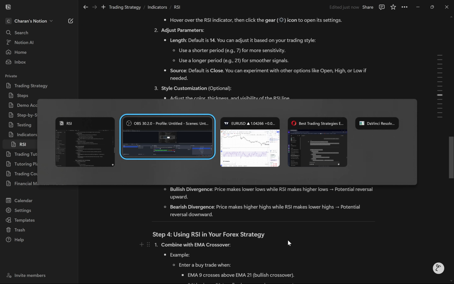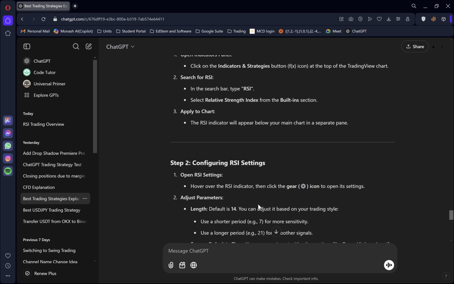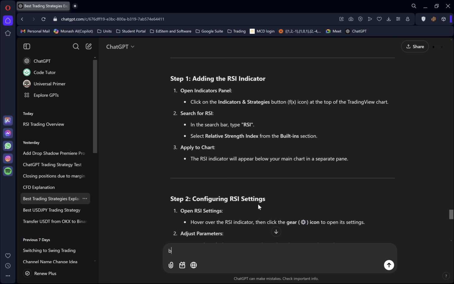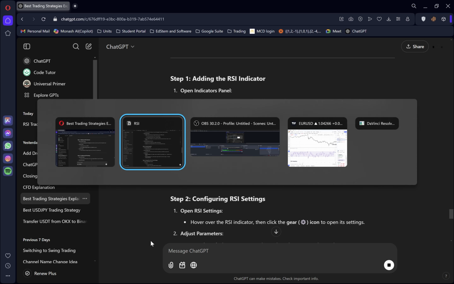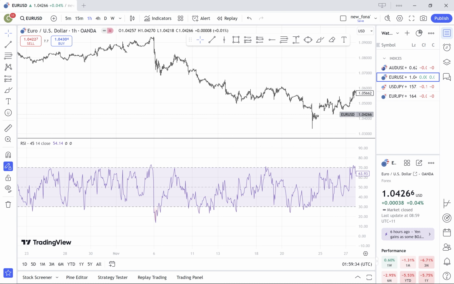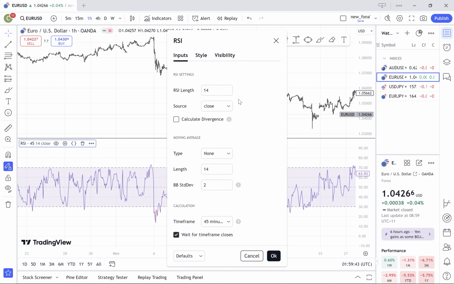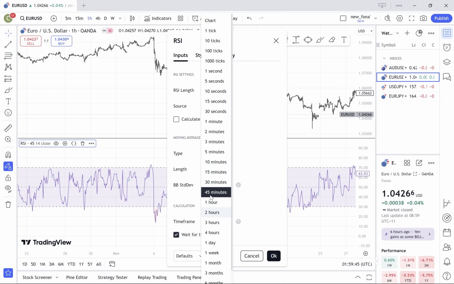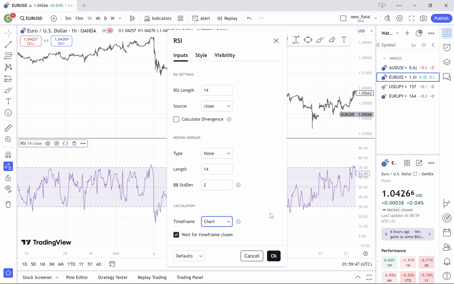But you know what, I'm gonna ask ChatGPT what's the best time frame for RSI. So in here we have our settings, our time frame, at chart.